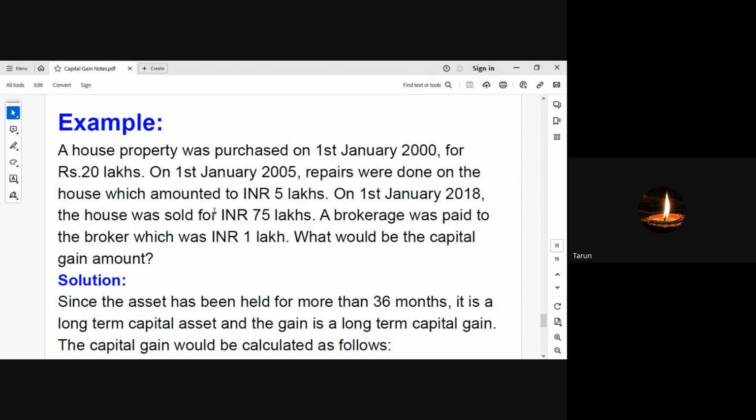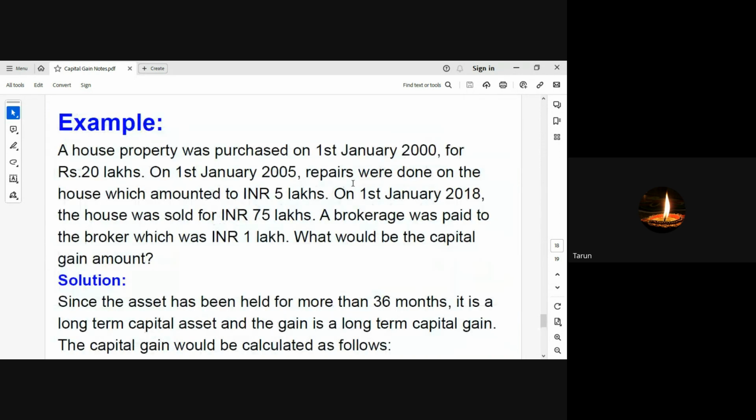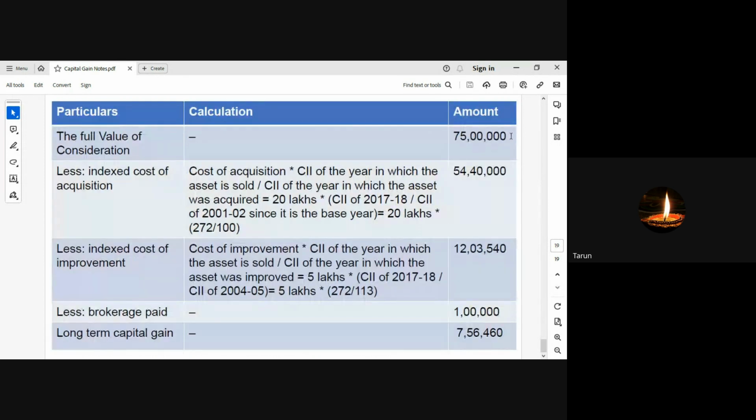But how do we calculate the long-term capital gain? There is a particular process. The full value of consideration means the sale value of the house, which is 75 million. Less index cost of acquisition, less index cost of improvement, less brokerage paid, that is expenses.